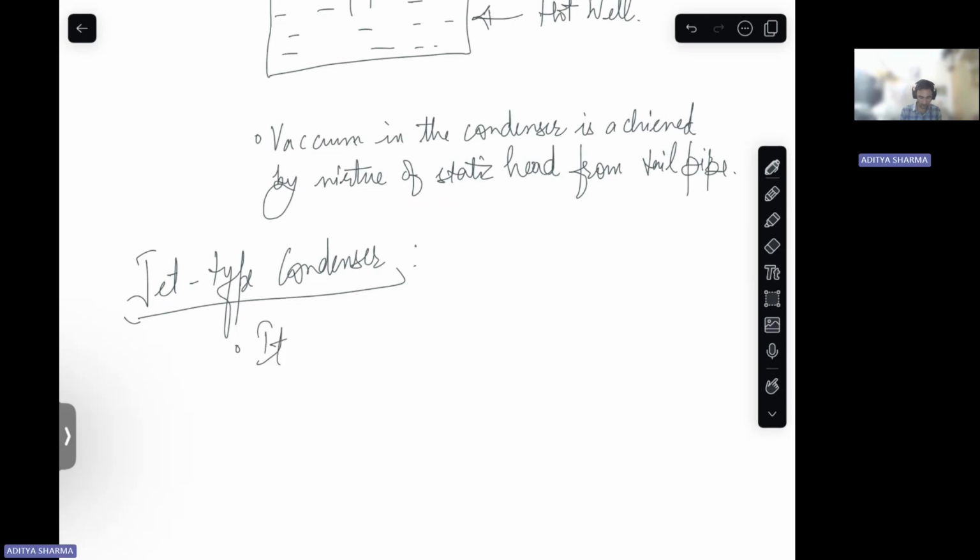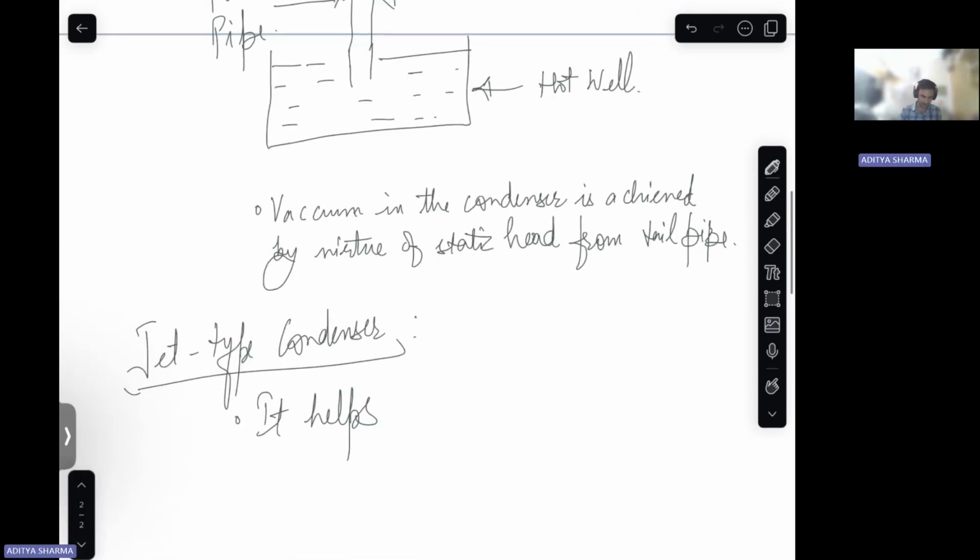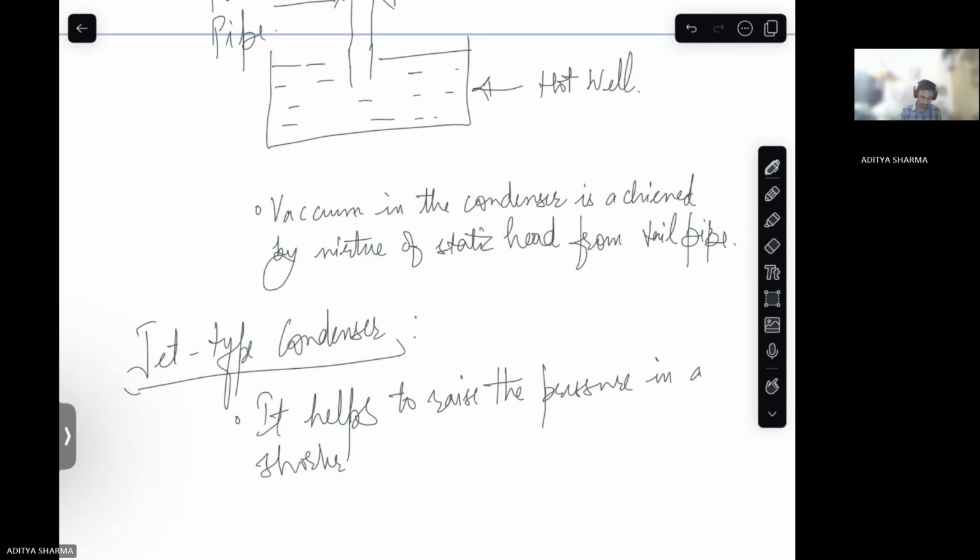So what is its use? How is it different from your barometric condenser? So it helps to raise the pressure in a shorter distance than the tailpipe.